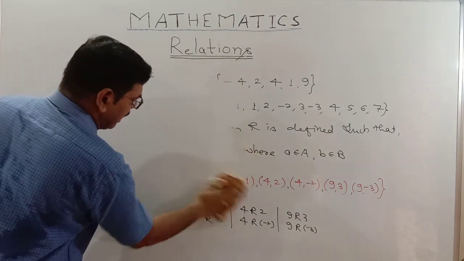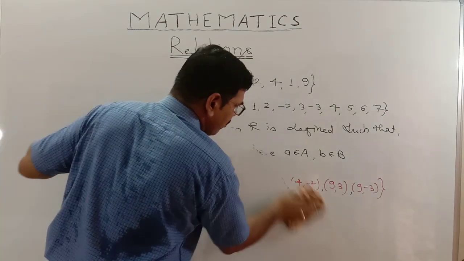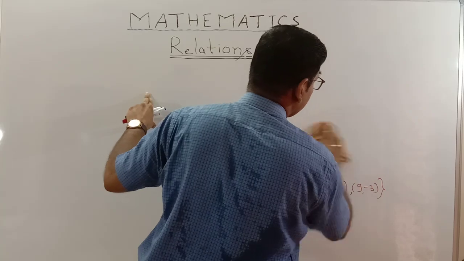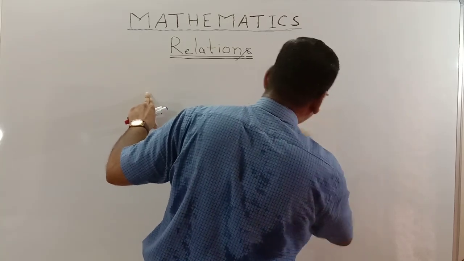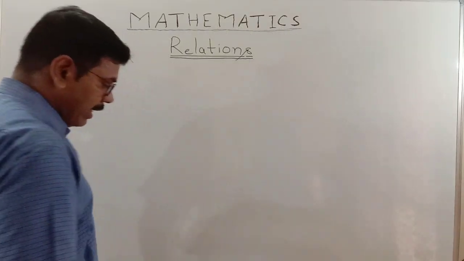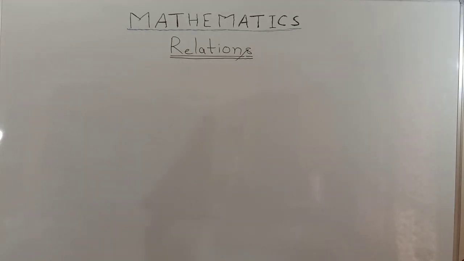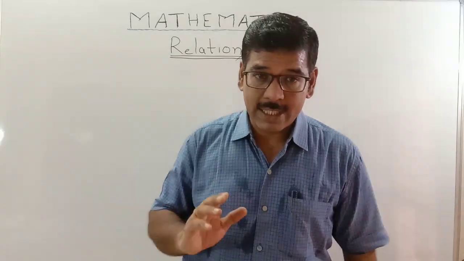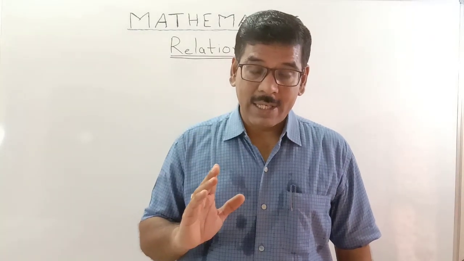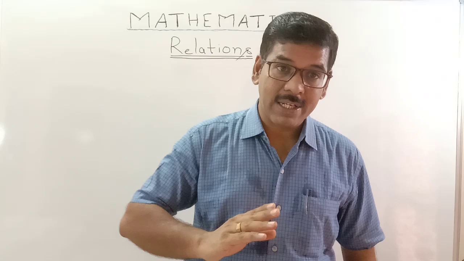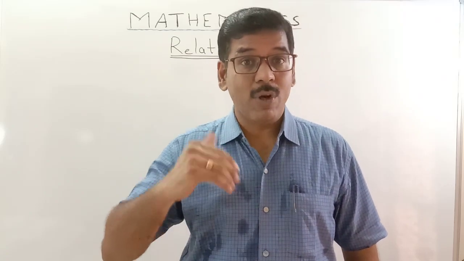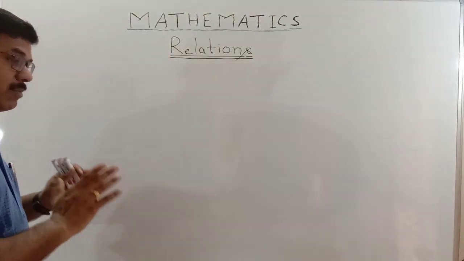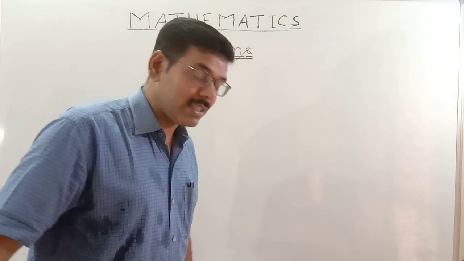Now, exactly, relations. You might have studied functions in class 11th. Relations and functions are almost the same in the sense that all the functions may be called relations, but all the relations are not functions. Functions are just a kind of relation.